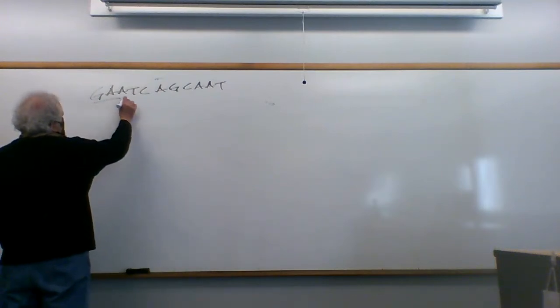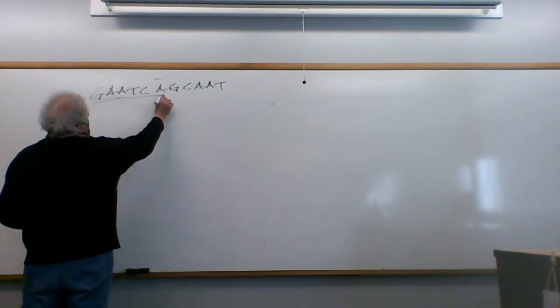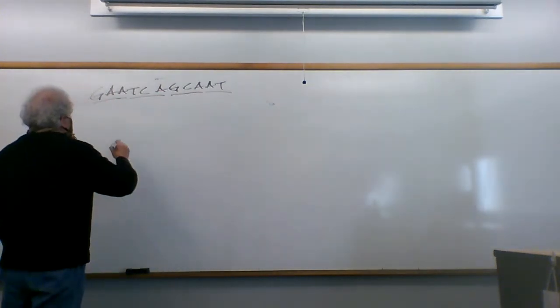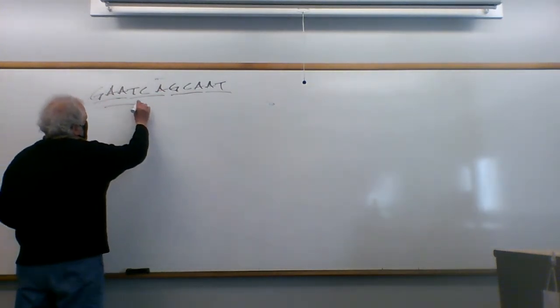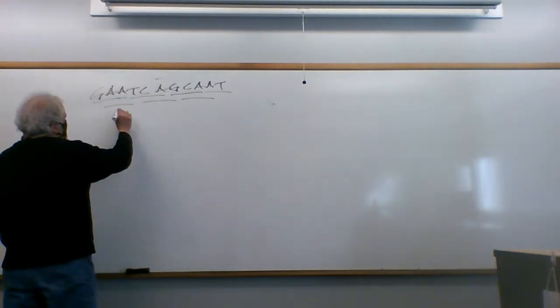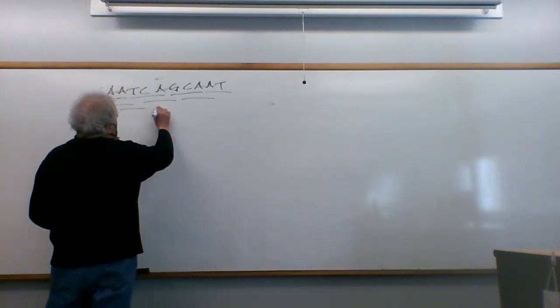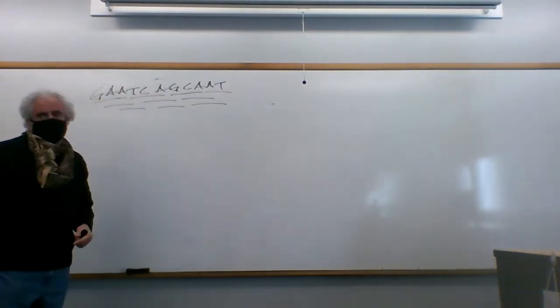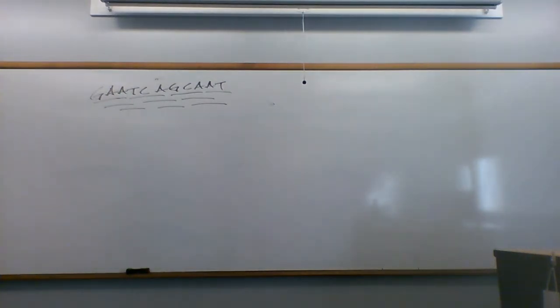So GAA, TTG, AAT, CAG, CAA, T. Then reading frame 2 would be AAT, TGA, ATC, AGC, AAT. And reading frame 3 would be ATT, GAA, TCA, GCA, AT. Okay, so you go through and you figure out your 3 forward reading frames.